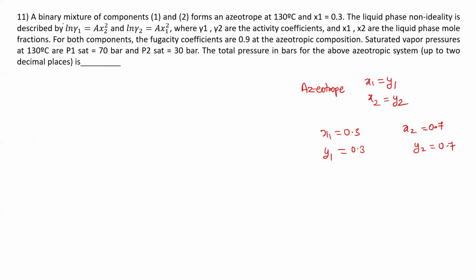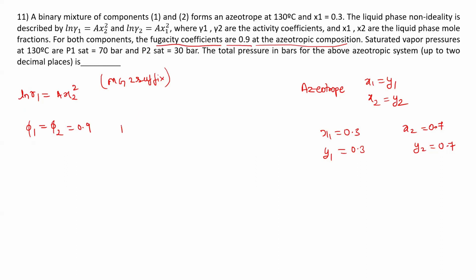The liquid phase non-ideality is described by ln gamma 1 equals A x2 square. The fugacity coefficients phi1 and phi2 are both 0.9.